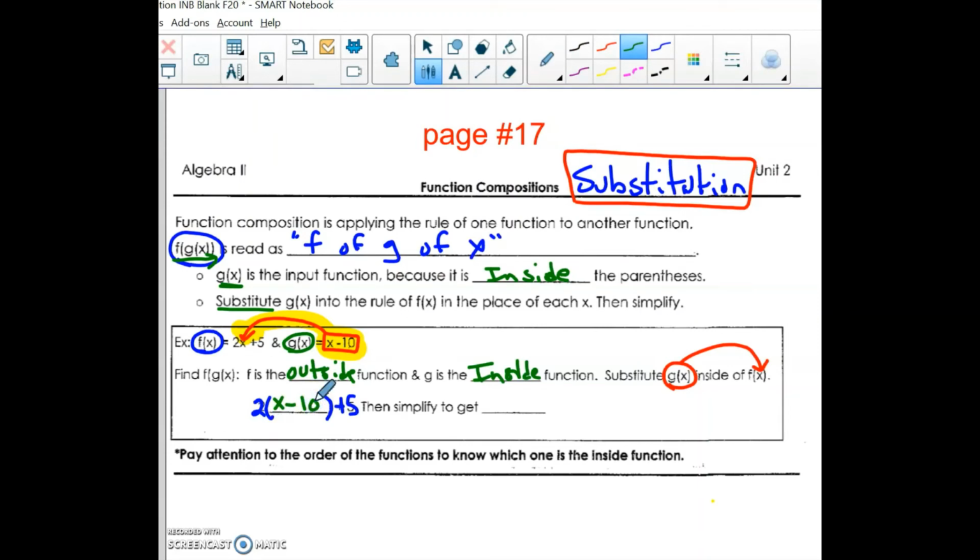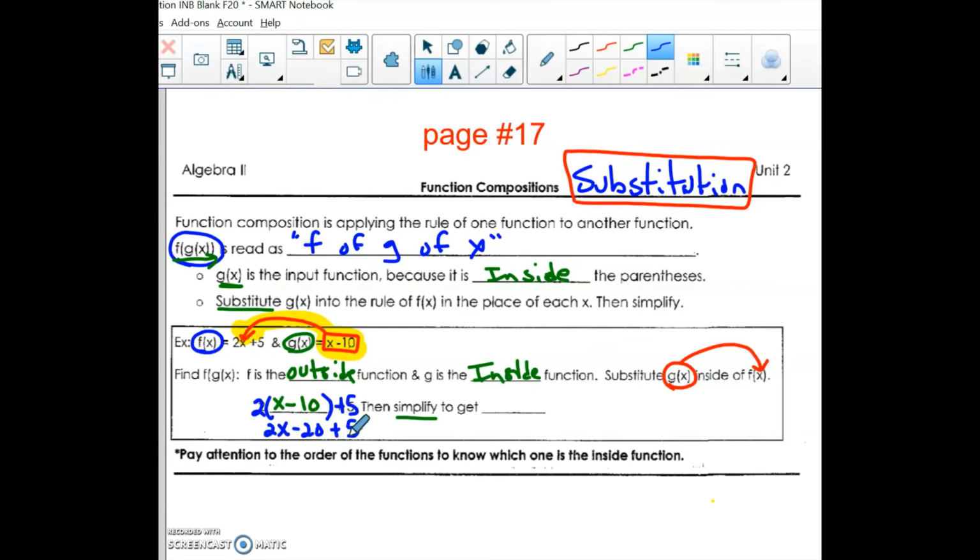And then we let the math happen. We let simplification take over. So here is where PEMDAS comes in. There's nothing to do inside the parentheses. There are no exponents. So we multiply. We take the 2, we multiply, 2x minus 20. The 5 gets brought down.